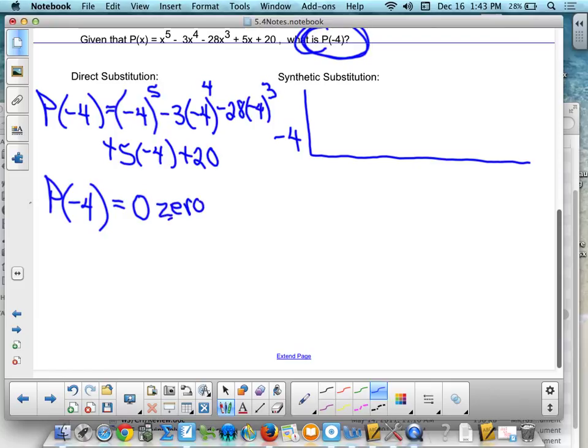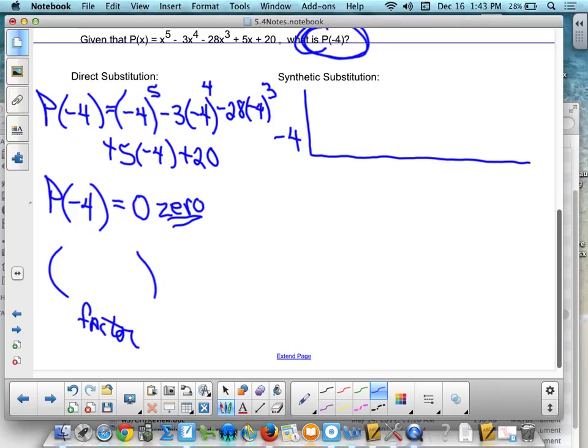If -4 gives us 0, what else do we know? There's no remainder, it's like a perfect thing. There's a factor for it.